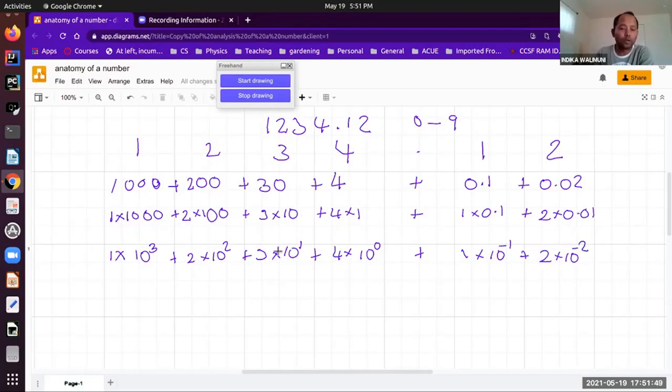Now if you take all these positions, this number represents this whole thing, and it is this number, and this number represents this whole thing, and that is this number.